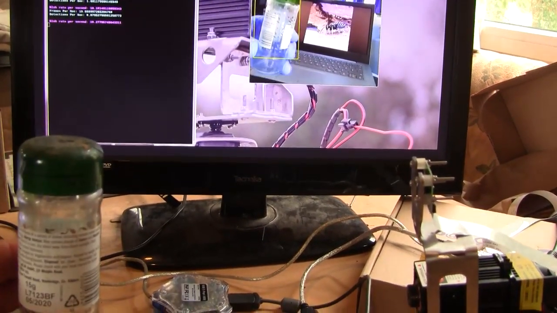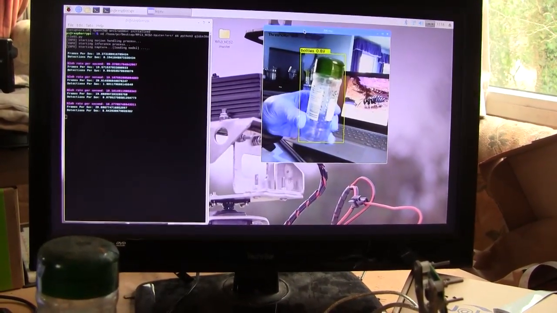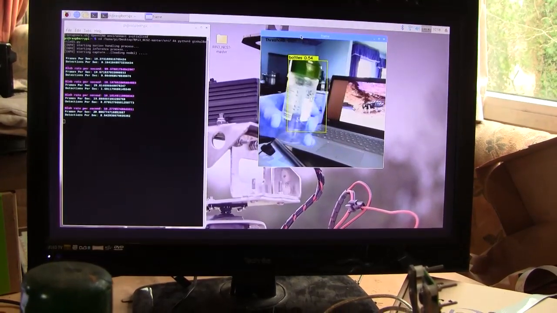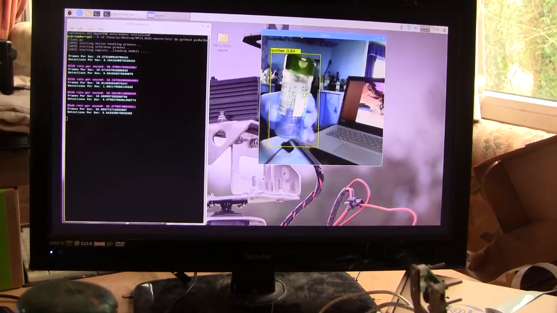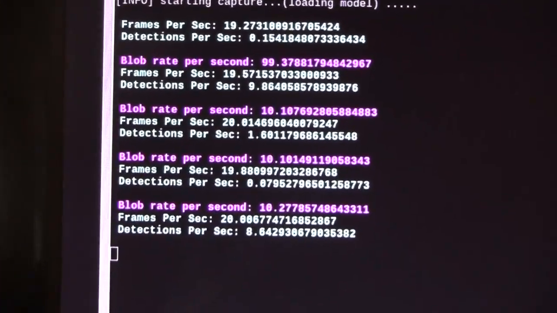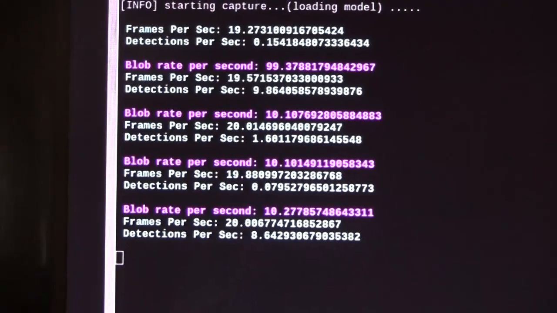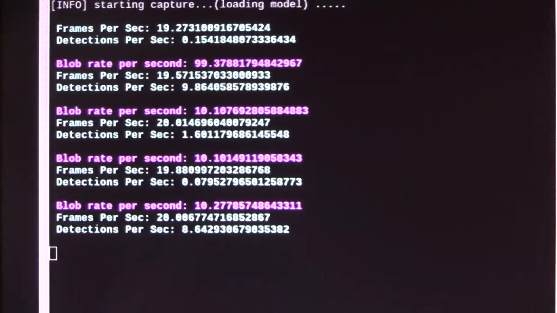It's not fantastic, but it's a lot quicker than the previous model. You can see just by the way that the yellow box flickers around the bottle a lot quicker. And if you look at the blob rate here, we've got about 10 times per second, which is about 5 times as fast as my trained wasp model.